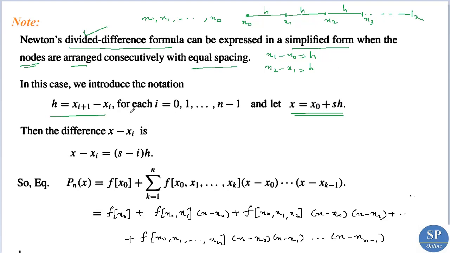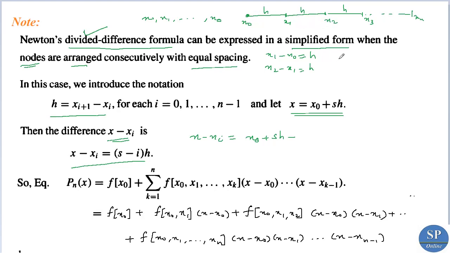Then the difference x minus xi is equal to (s minus i) into h, because we have x equal to x0 plus sh. So x0 plus s into h minus xi, where x1 is x0 plus h, x2 is x0 plus 2h.